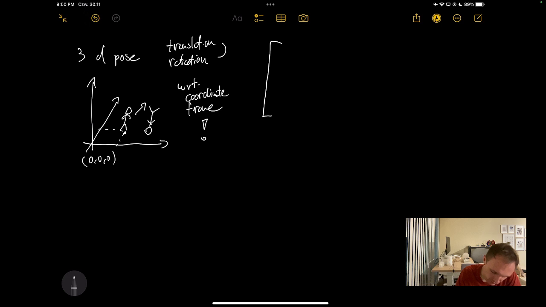Starting from the summary: we're going to represent each pose, both translation and rotation, in a 4x4 matrix. This way of representing the pose is called SE3, or sometimes homogeneous coordinates.